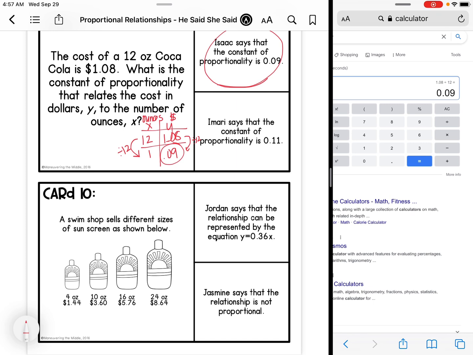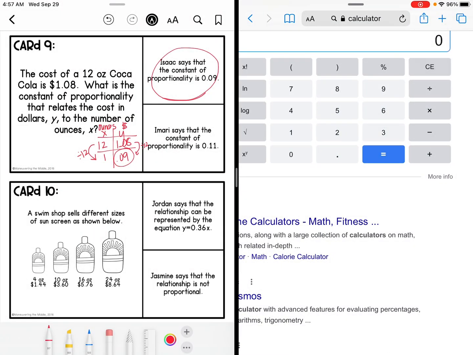A swim shop sells different sizes of sunscreen. One has an equation and one says the relationship is not proportional. So I'm going to test it by dividing the cost by the number of ounces. I get 36 cents per ounce.